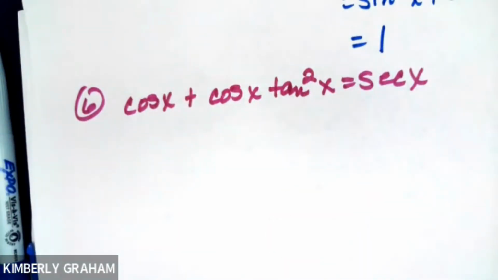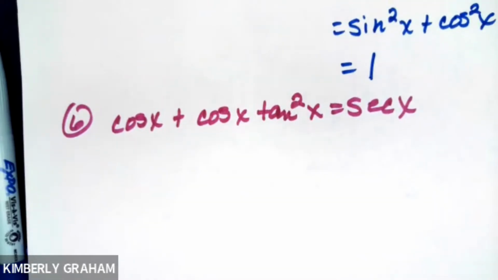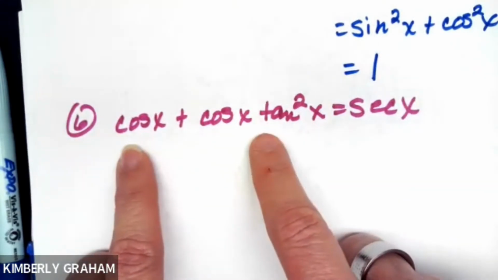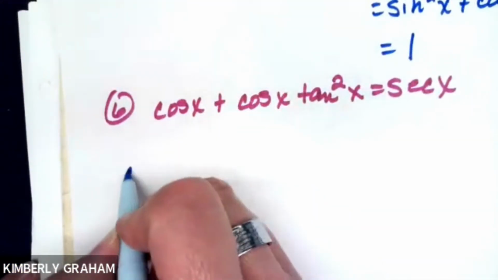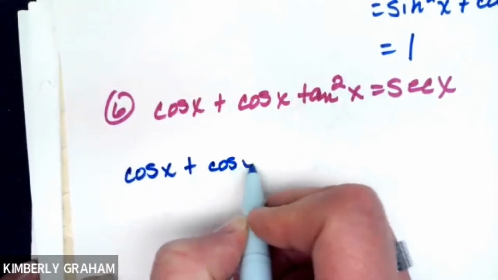So we're going to be using the Pythagorean identity in here somewhere, probably. And you may say, okay, I want to replace tan squared with secant squared minus 1, and you can do that. But what I'm going to do is to factor a cosine out of these 2 terms. So starting off by writing down what I'm given.